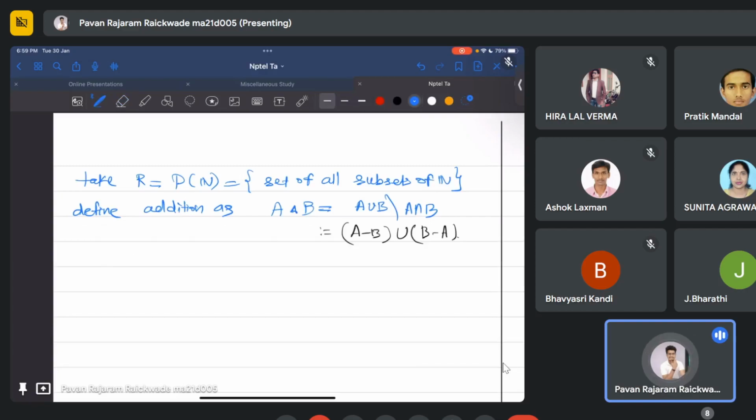I also have to define the multiplication. The multiplication operation is the set intersection.